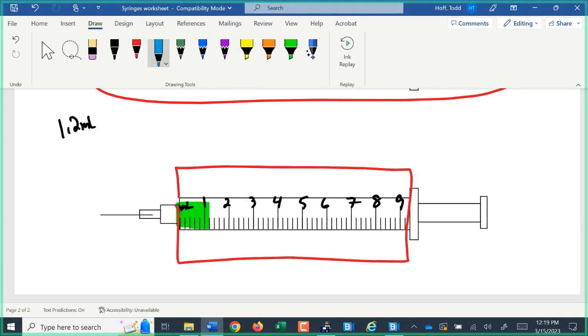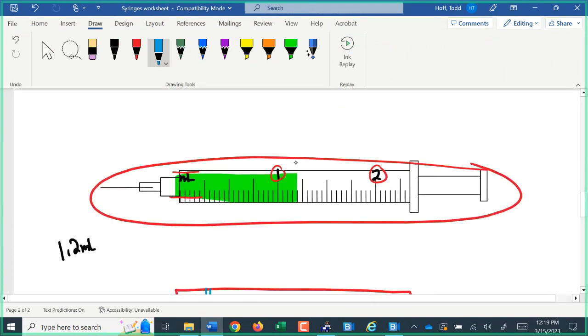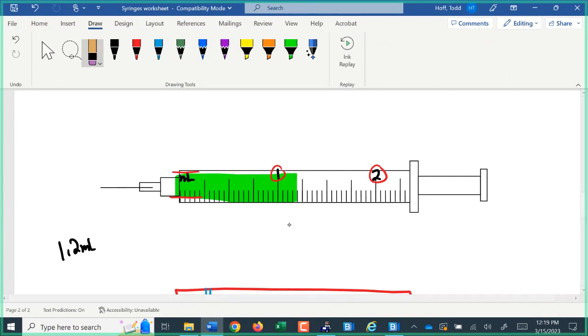And if it's wider, if I'm off by just a little bit, the amount of fluid or medication that's in that narrow little band is a much higher volume than the same amount of fluid that would be in that narrow little band on a narrower syringe. So we always want to use a syringe when we're trying to measure a medication that's going to be close to full.